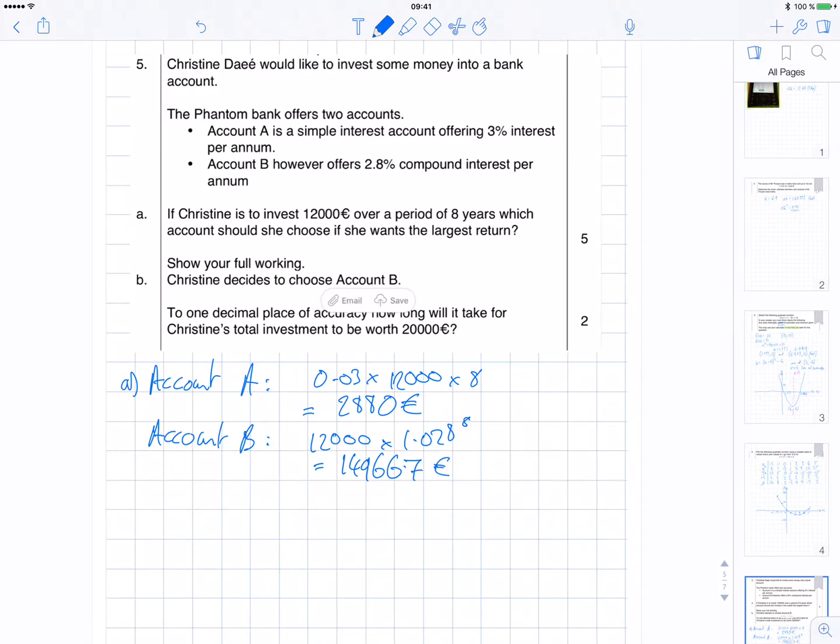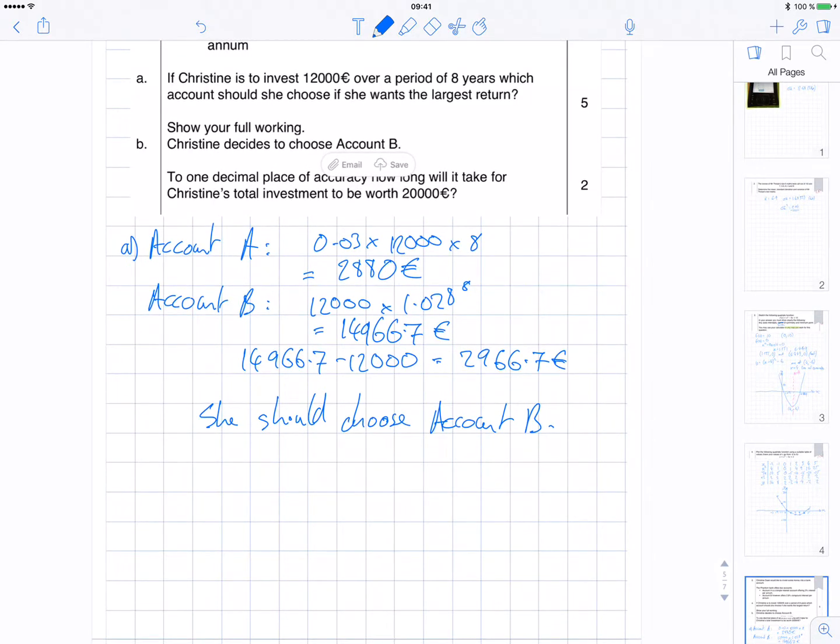But we need to take away the initial value so that we can compare like with like. And I'm left with 2,966.7 euros. So obviously she should choose account B.